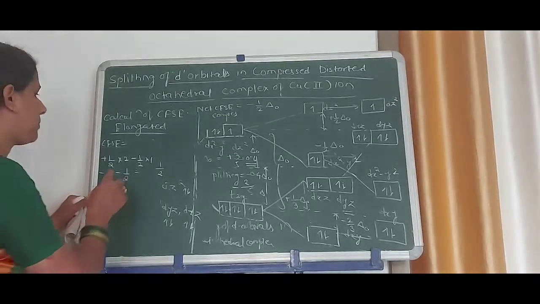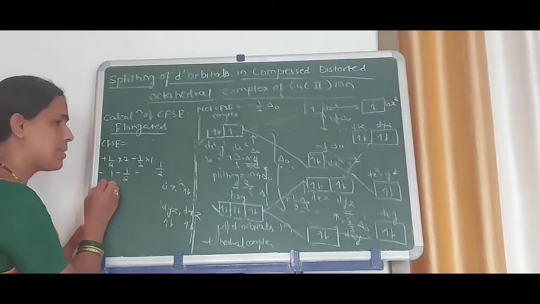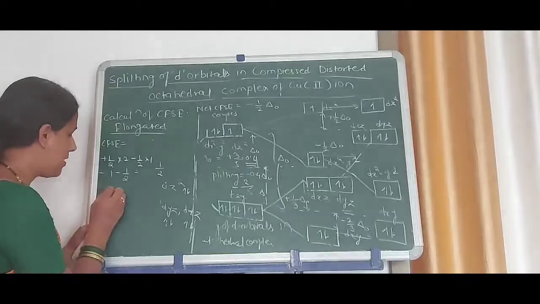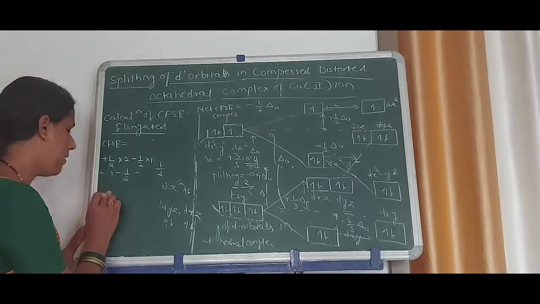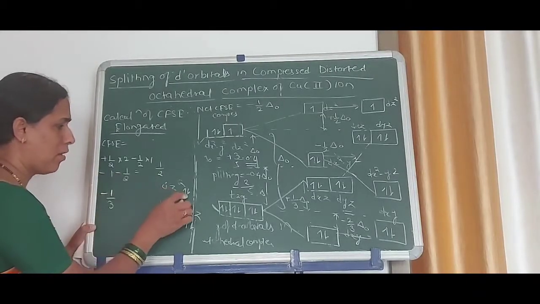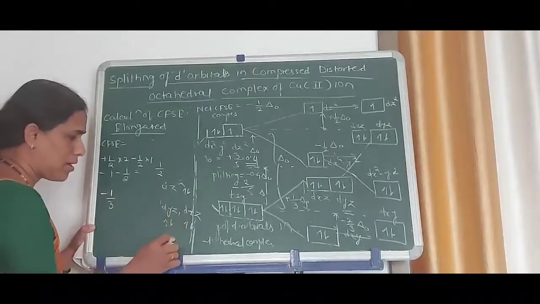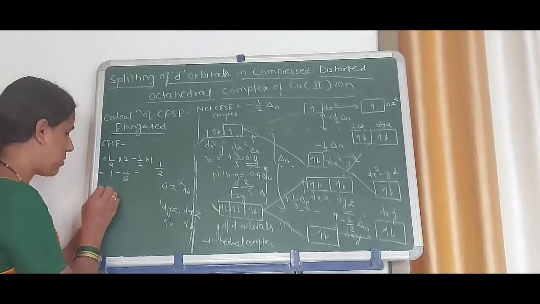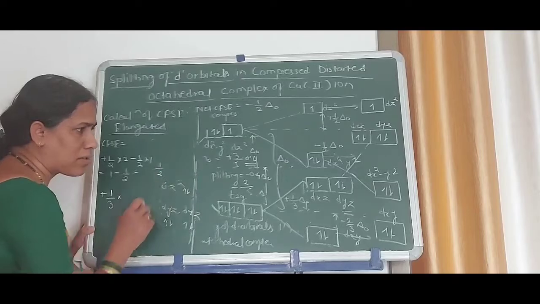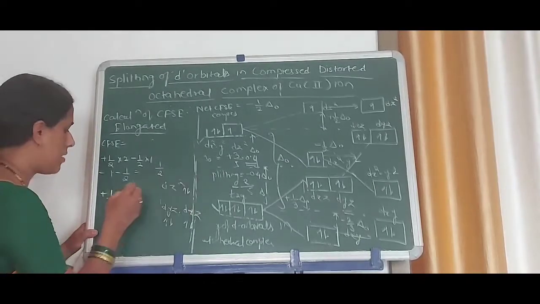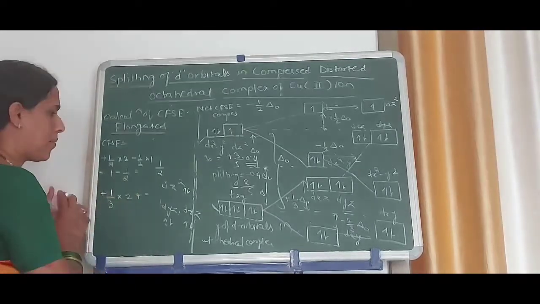Now, what is this? That is here minus 2/3. Sorry, here minus 1/3. How many are here? Here are 2, and here is also 2. Therefore, plus 1/3 into how many electrons are here, 2, plus minus 2/3.